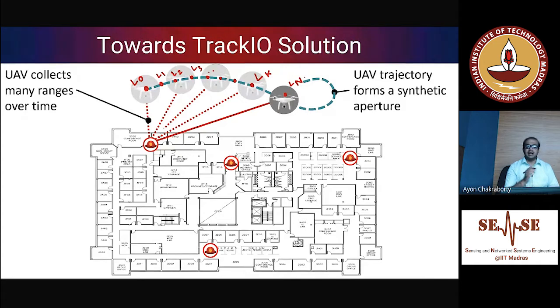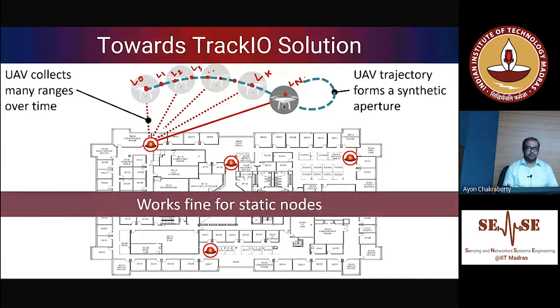It's an array of anchors, right? And of course this is good in the sense you don't have to have many anchors, which is kind of infeasible for us to do. But this drone thing can also bring us more challenges, and we are also going to look at what those challenges are. Okay, so it works fine for static nodes.